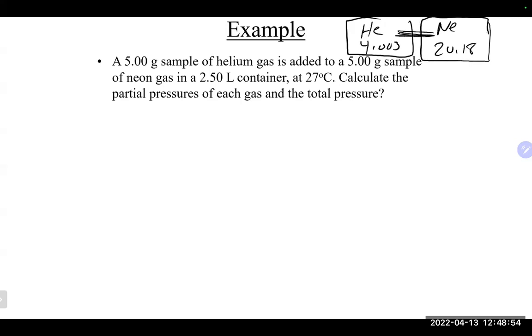In the same container flying around, which means the volume for each of these guys will be 2.5 liters, and the temperature for each guy will be 27 degrees Celsius, which we automatically know we should convert to Kelvin, which would be 300 Kelvin. Now we have 5 grams of each of those things.